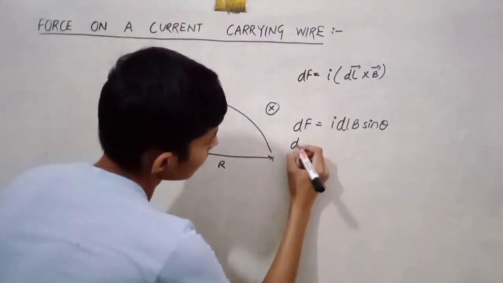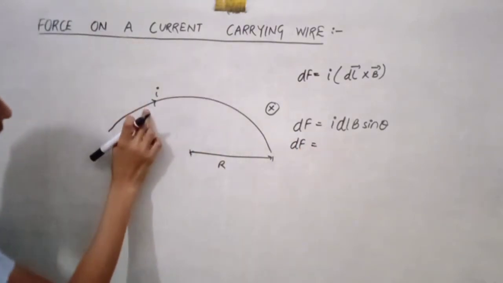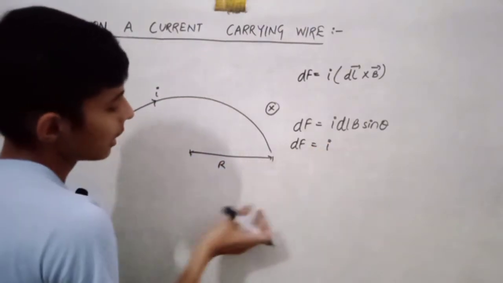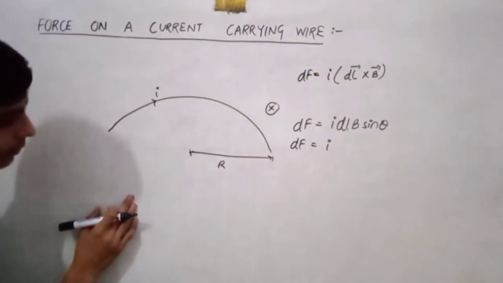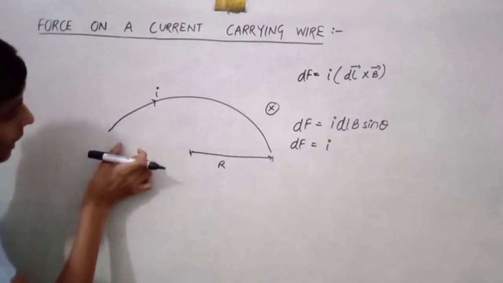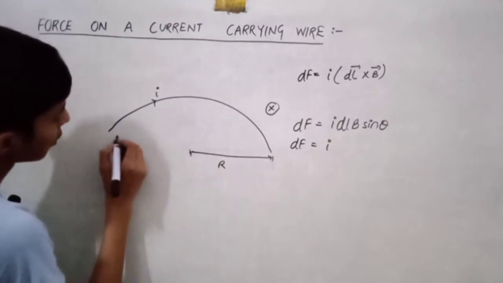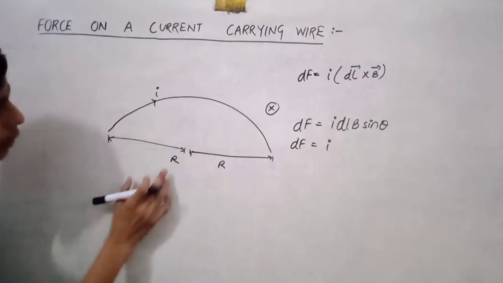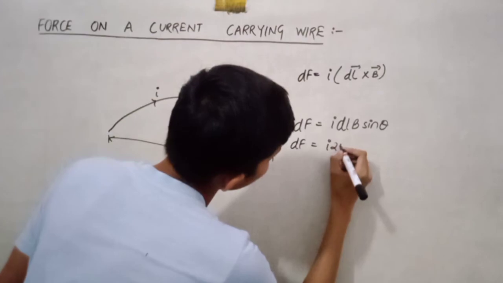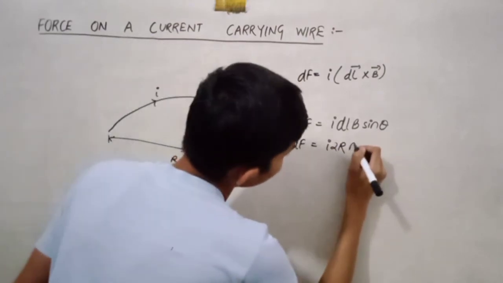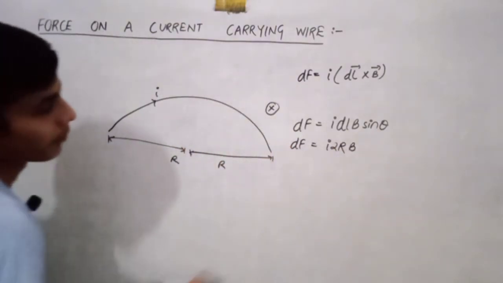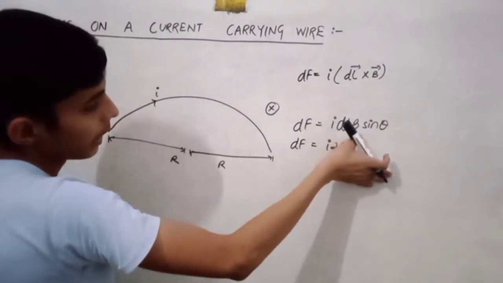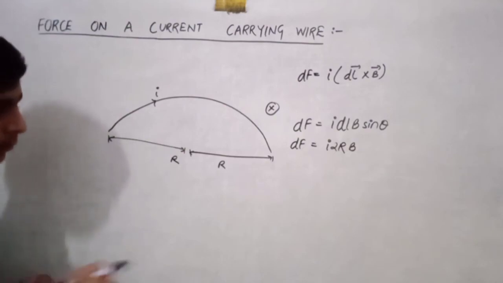Now here the current is I, simply I write here I, and that dl is the distance between the two open ends. This length is r, so this length is also r, so the total length will be 2r. So I put 2r, and here B, and the angle between the direction of current and the magnetic field is 90 degrees.